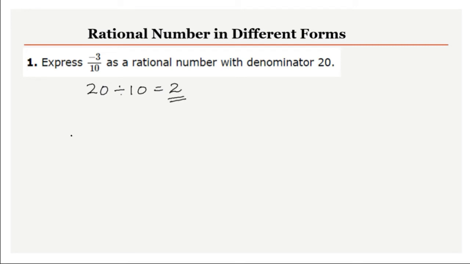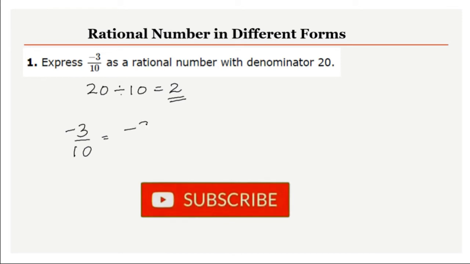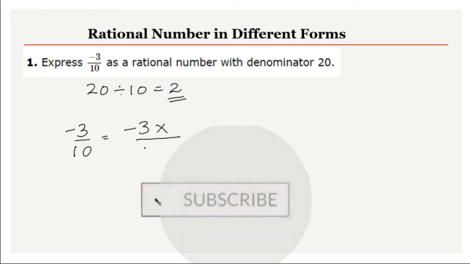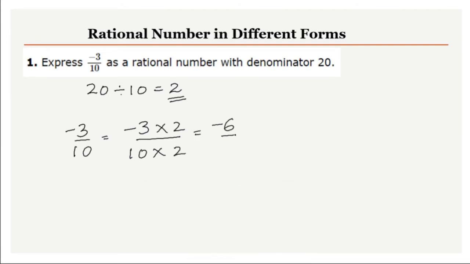Now this negative 3 by 10, we need to multiply both the numerator and the denominator by 2, so that the number becomes negative 6 upon 20. Now the negative 6 upon 20 has got the denominator as 20.